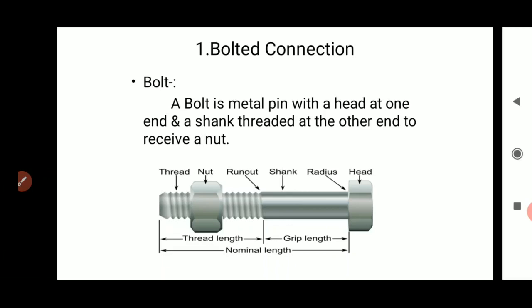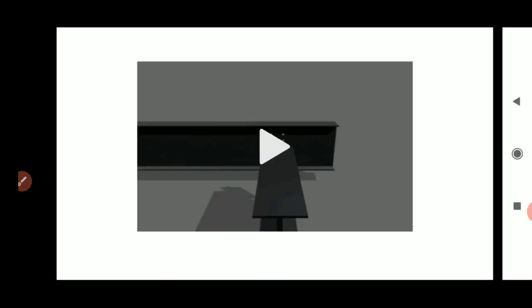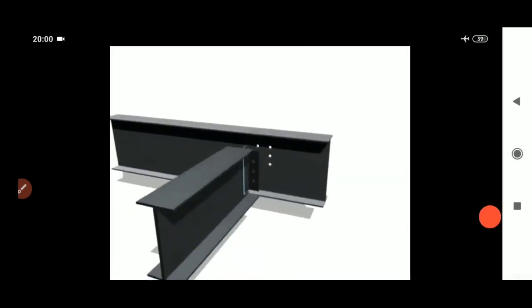However, steel washers are usually provided under the bolt as well as under the nut to distribute the clamping pressure. Next, in this video you can see how two steel members are joined by using a bolted connection.